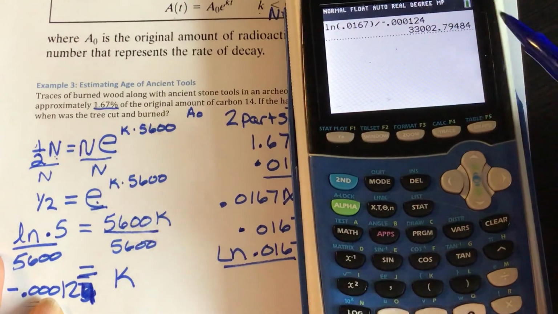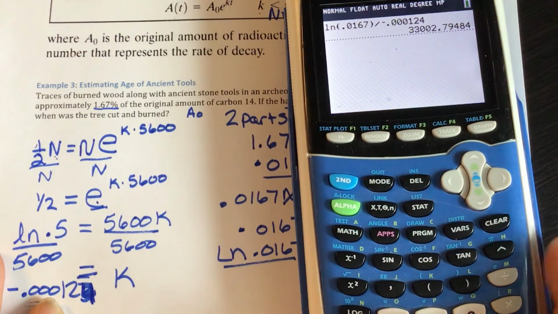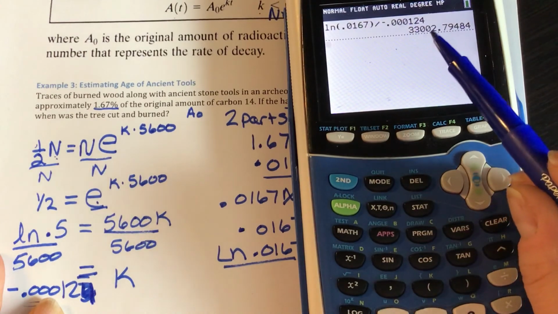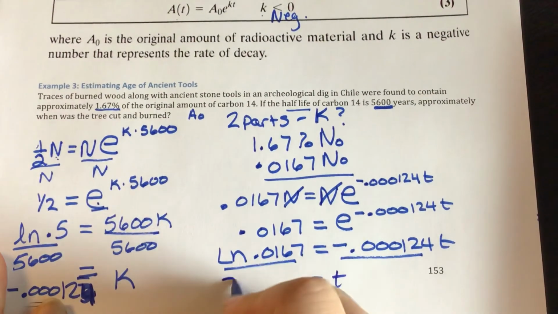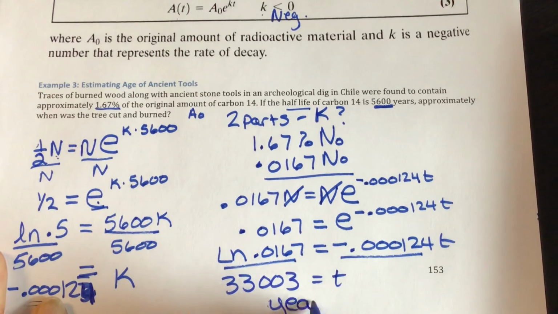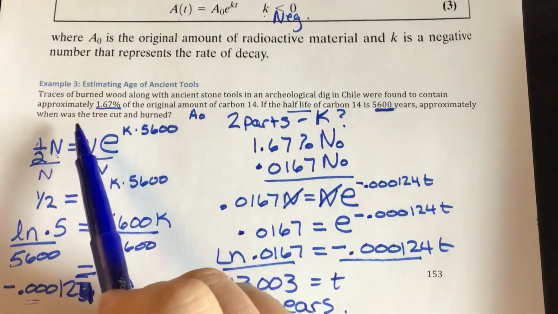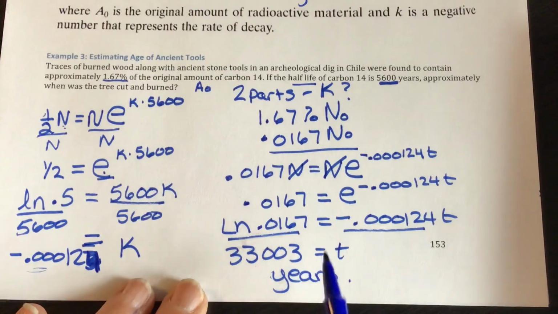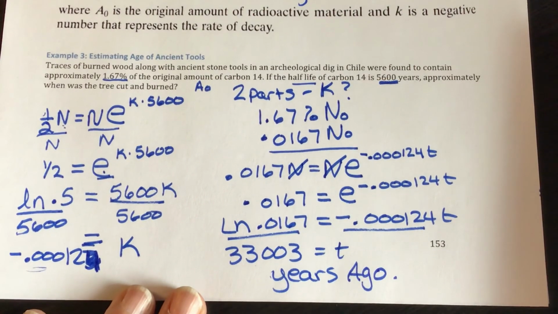Since we're talking about a long time ago in years, I'm going to round it to the nearest year: 33,003 years. That's a long time ago. All right, so how long ago was the tree cut and burned? About 33,000 years ago. All right, so that takes care of that one.